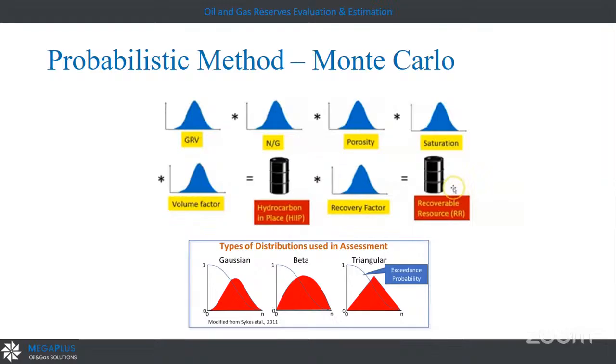If I have a volumetric calculation, I have area, gross rock volume, porosity, and formation volume factor. All of these parameters have uncertainties, so I can get a range, for example porosity from 22% to 23%. I put the different ranges all together, and Monte Carlo will multiply all of those numbers in a random way.